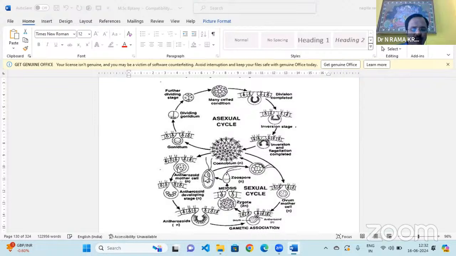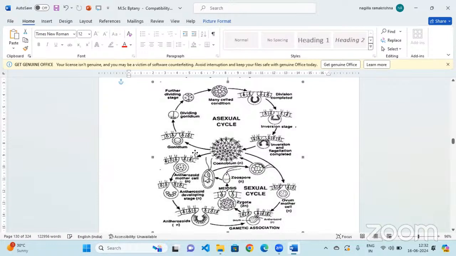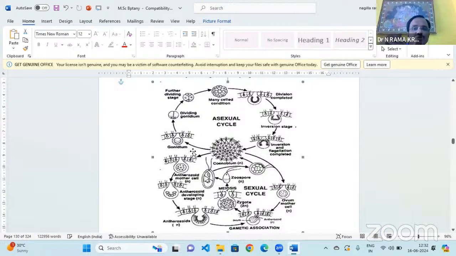Only a small percentage of cells in the colony develop into eggs, the female reproductive organ. The male is the antheridia. When the spores come outside, we call them antherozoids. Zoids means they contain flagella. Before the flagella, that is the antheridia.